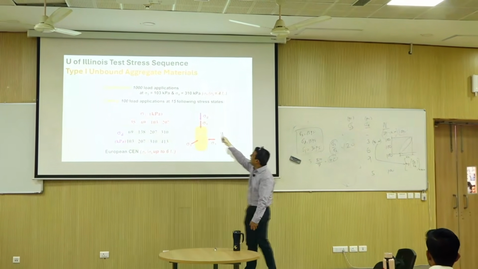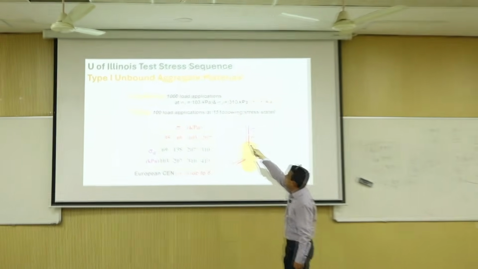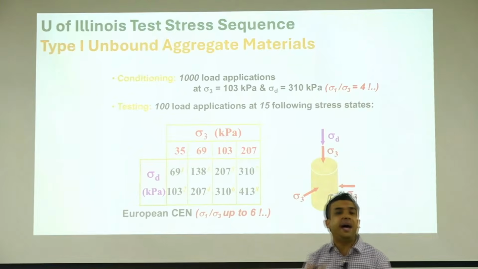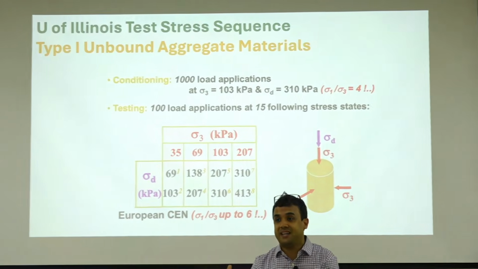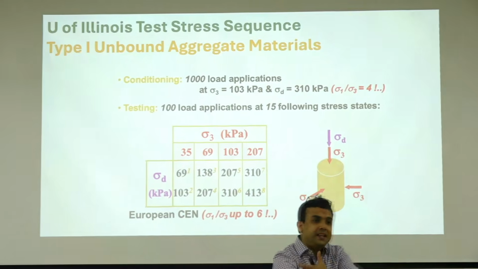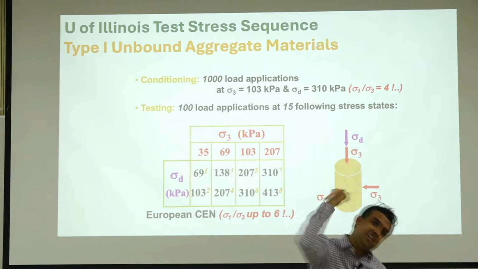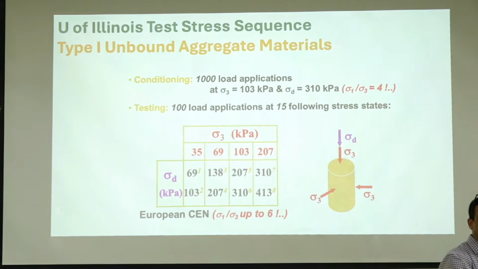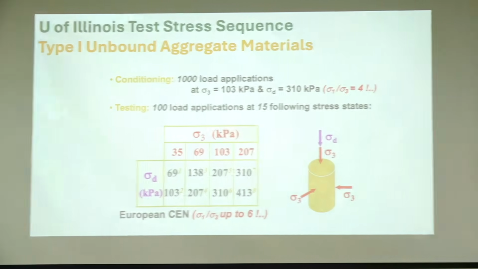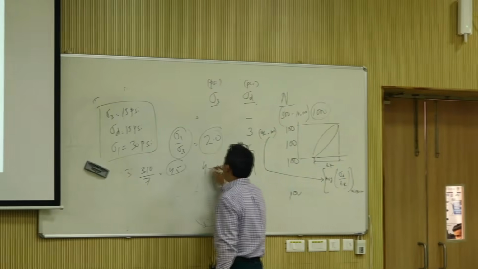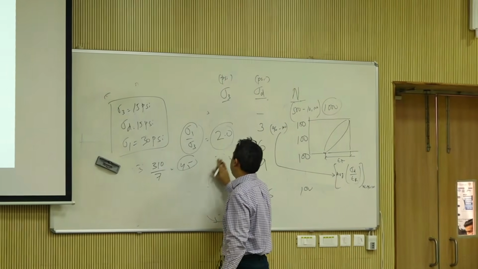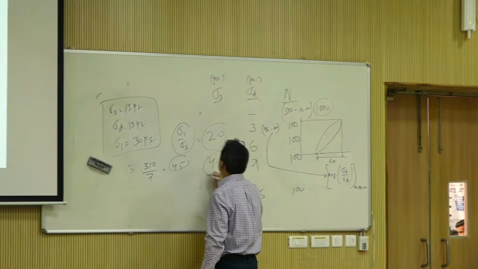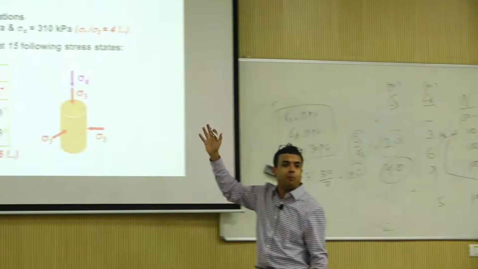So what he did is 15 psi of confining, but he applied a deviator of 45 psi. It's holding the material really well, but pushing it really hard to pack it and get a well compacted, well conditioned resilient modulus response under this torture index of 4.0.